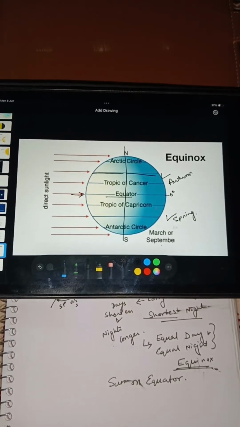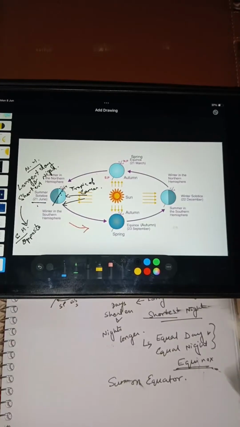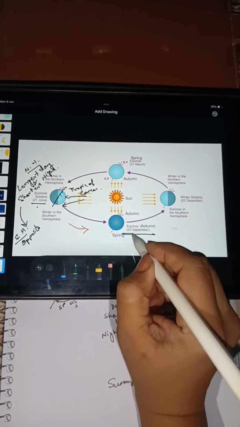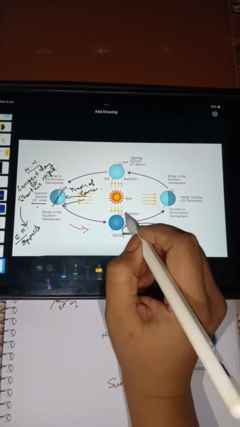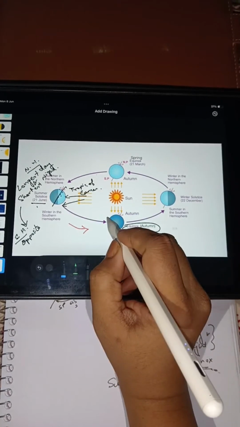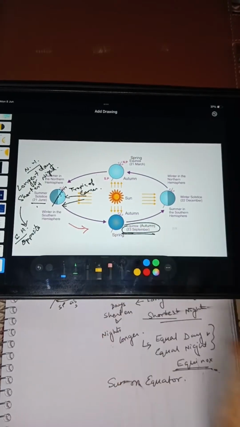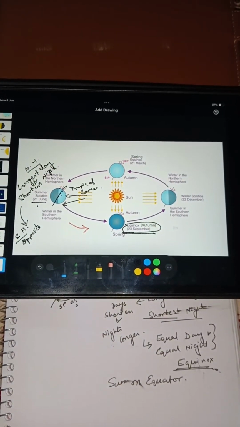Now what is the date of this? It is in September. On 23rd September we get the autumnal equinox, where in the northern hemisphere we experience springtime.